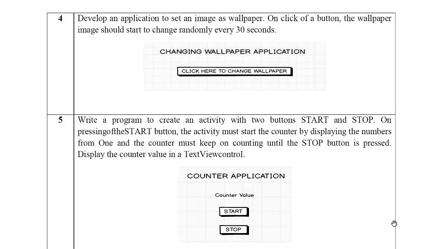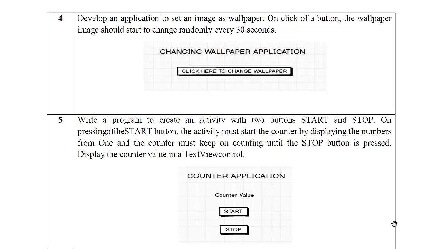Today I'm going to explain the fourth program of the Android Application Development Laboratory. What is the problem statement of the fourth program? We have to change the wallpaper of your phone every 30 seconds.